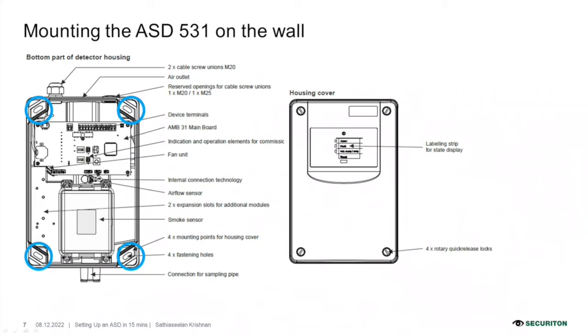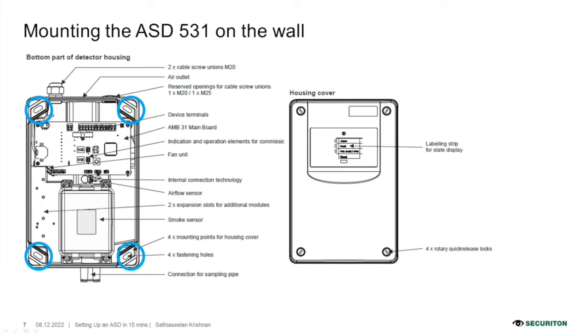And besides that, we have the fan unit, which is pre-installed and connected, so no additional work needs to be added during the installation. And we have the airflow sensors pre-installed as well, and 2 expansion and additional modules are capable of being installed in this ASD. What the 2 expansion modules are will be explained in the next few slides. And we have the smoke sensors, as mentioned earlier, also pre-installed.